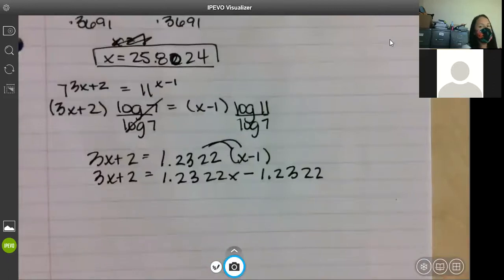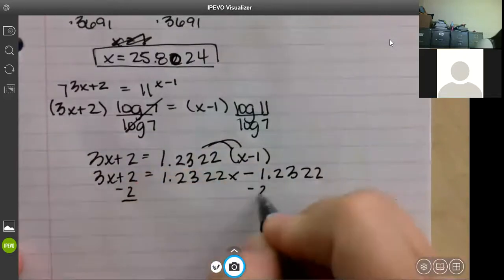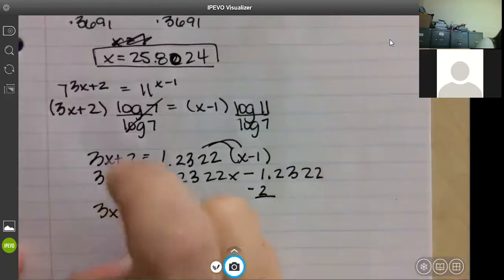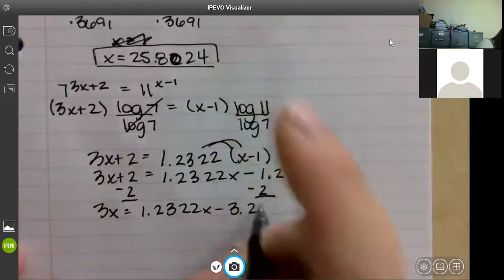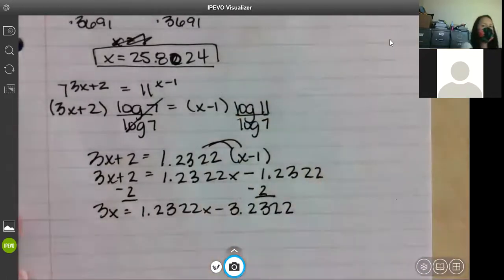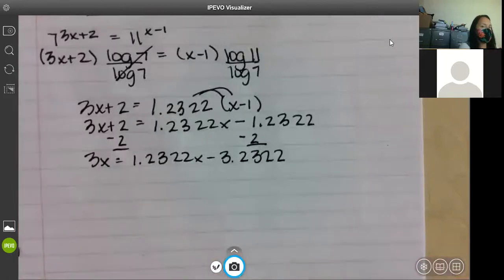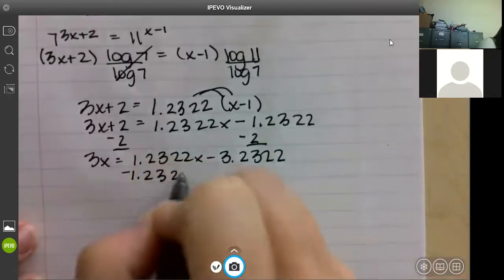How do I solve? Subtract 2. So we get 3x equals 1.2322x minus 3.2322. What do we do now? Yeah. Move this 1.2322x.